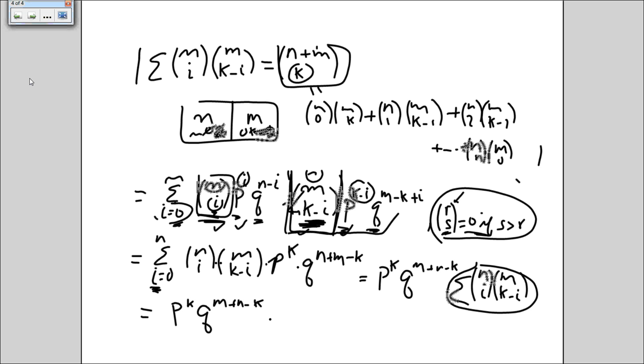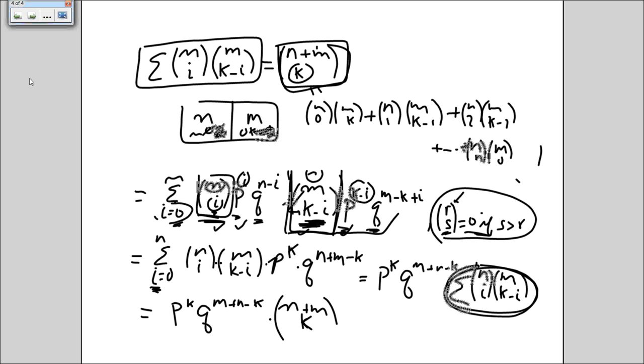But that is exactly what this says, which is exactly what it says on the bottom. That is, what's to the left and on the bottom is nothing more than n plus m choose k. And this is the probability that x plus y equals k.